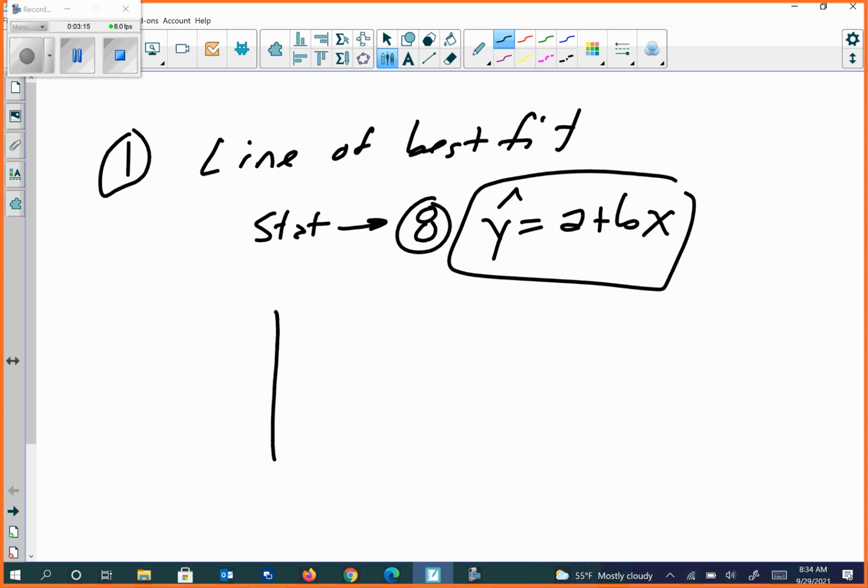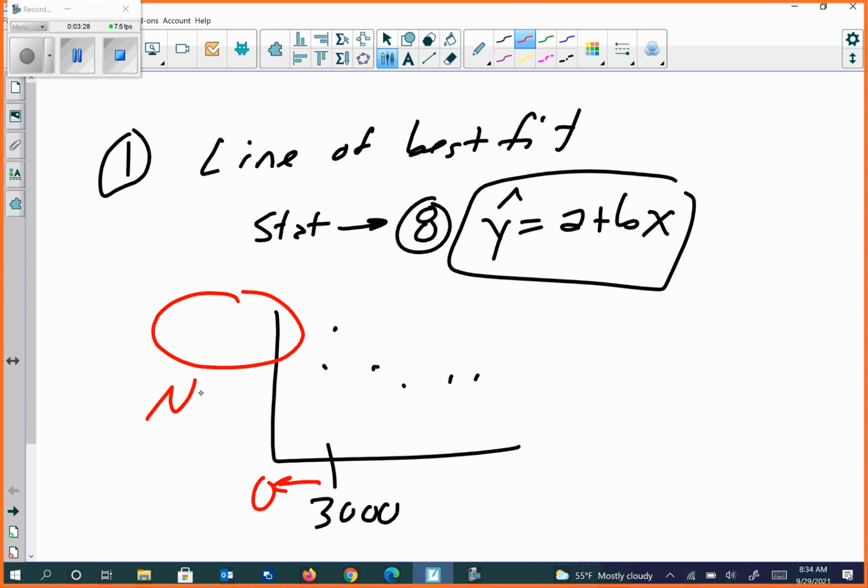Our data starts here at the first point, and 0 would be way far to the left, where there's no data. So that means it's an extrapolation. It'd be an interpolation if it fell somewhere in this region.